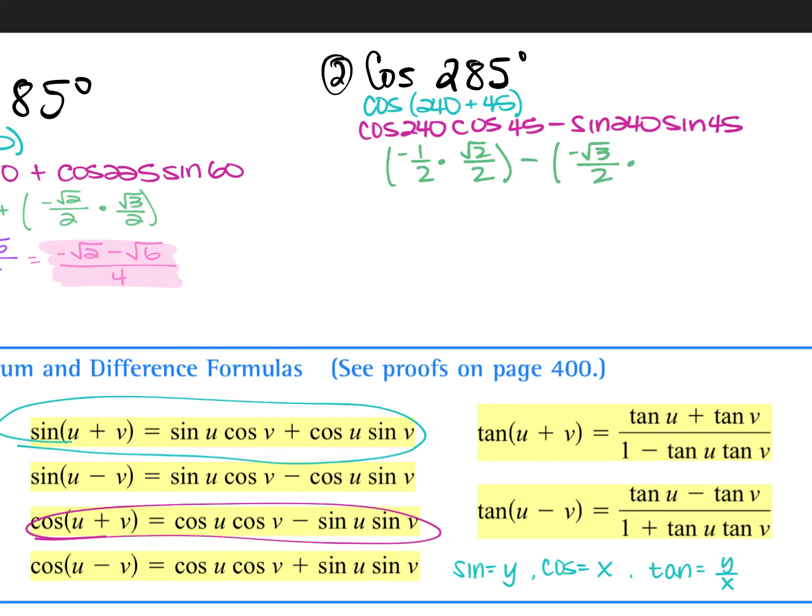And the y value from 45 degrees. So if we multiply these, we're going to have a negative square root 2 over 4 minus the opposite of the square root of 6 over 4. Double negatives equal positives, so that's a negative square root 2 plus the square root of 6 all over 4.